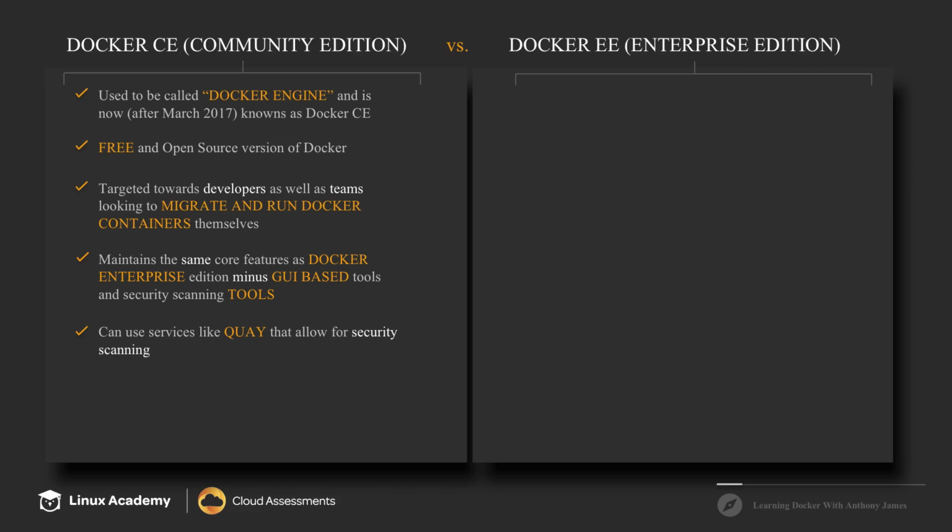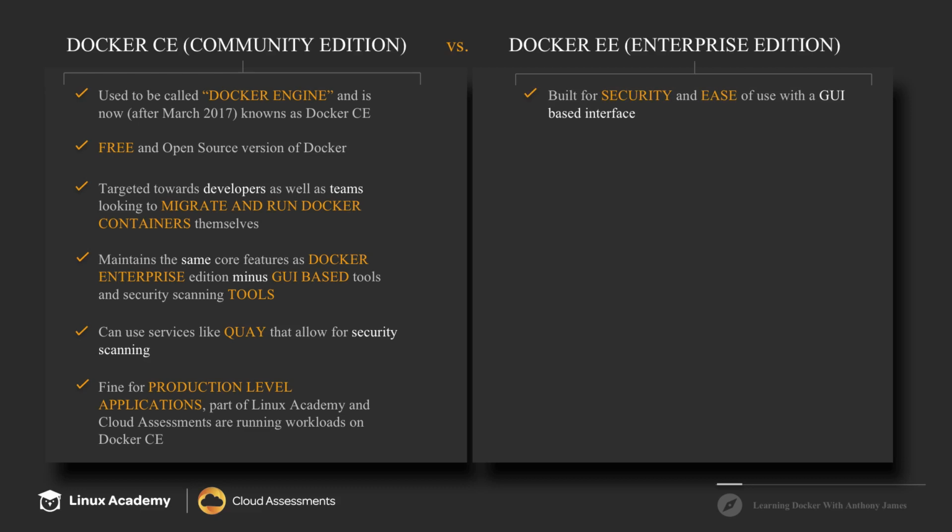Quay has the ability to scan Docker images for security vulnerabilities, which is also a service provided by Docker. And one last time, I want to emphasize this is perfectly fine for production level applications. In fact, as part of Linux Academy and Cloud Assessments, we are running workloads using Docker Community Edition.